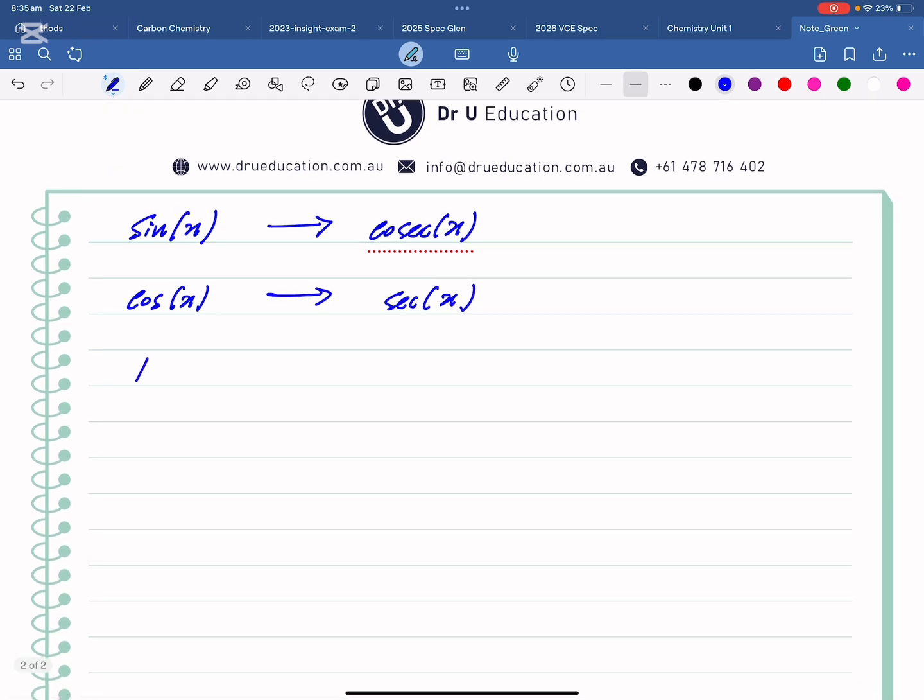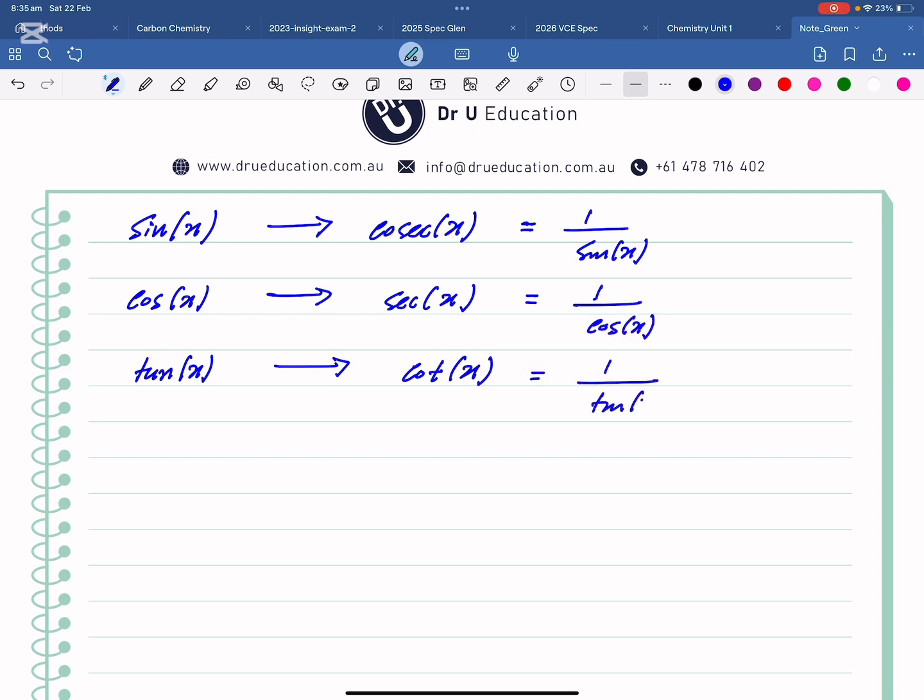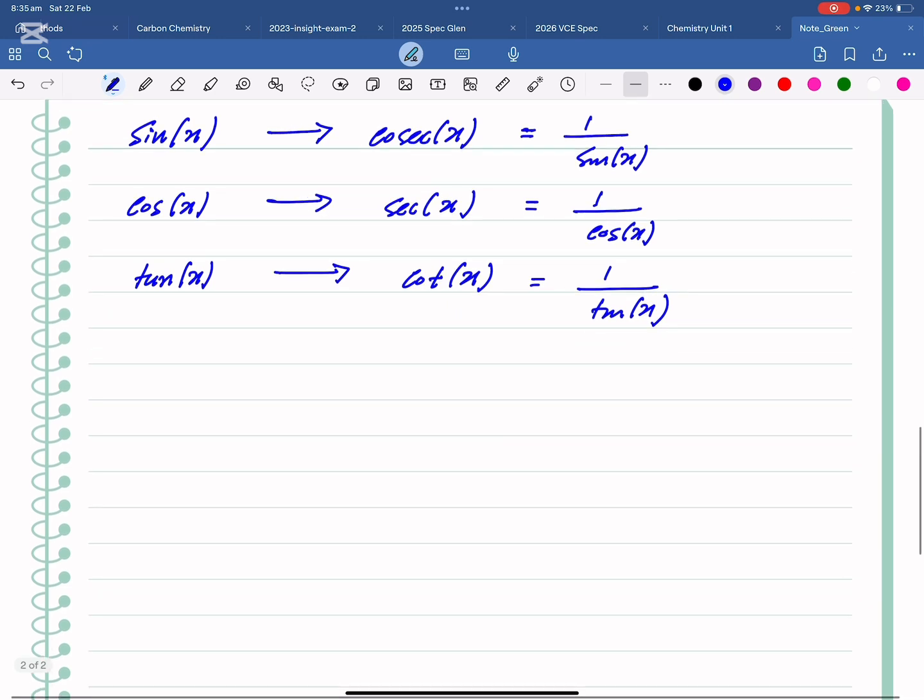Then reciprocal function of tan x is going to be cot x. If you really think about it, cosec x is nothing but 1 divided by sine x, sec x is 1 divided by cos x, and cot x is 1 divided by tan x. So plotting will come later. Okay, so now this is fine.